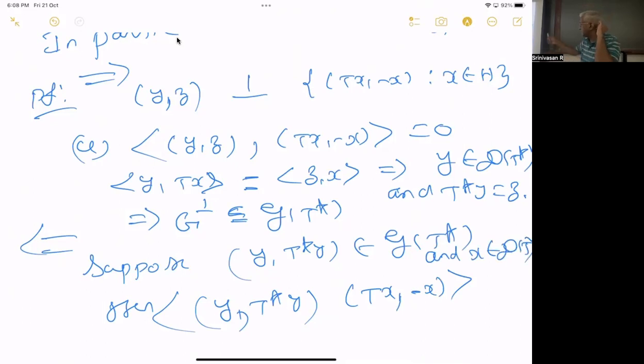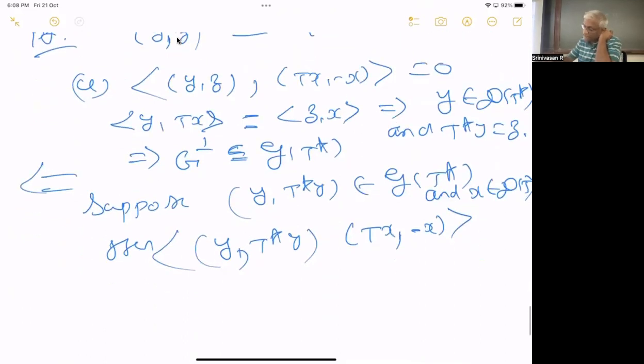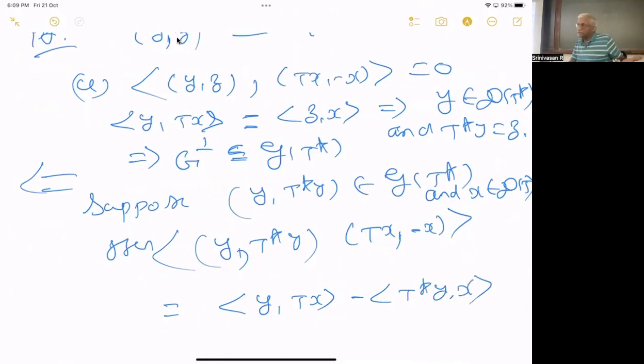I have taken an x in the domain of T, and I have taken (y, T star y) in the graph of T star. This inner product is on the direct sum H plus K, which is why I have written a tuple. This is equal to the inner product of y, Tx minus the inner product of T star y, x. But these two are equal by the definition of T star, right? This is equal to 0.